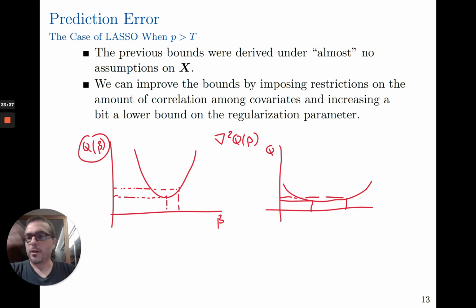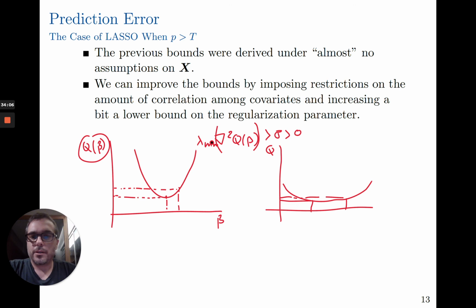In a regular optimization problem, like a linear regression, what you need is that the minimum eigenvalue of this matrix be bounded away from zero, larger than a sigma, and the sigma will be larger than zero. So the further away it is from zero, the more curvature you have.